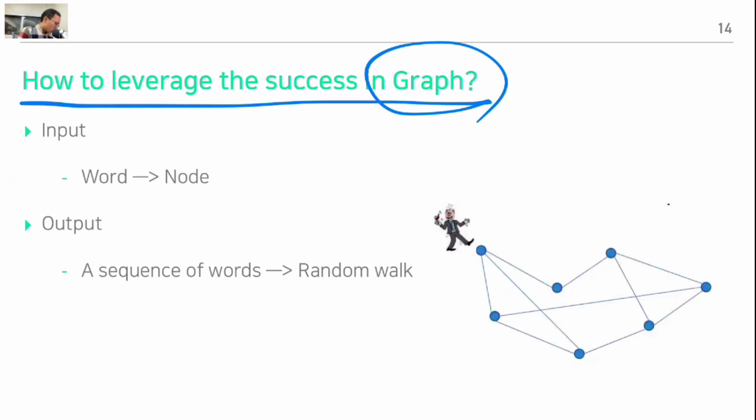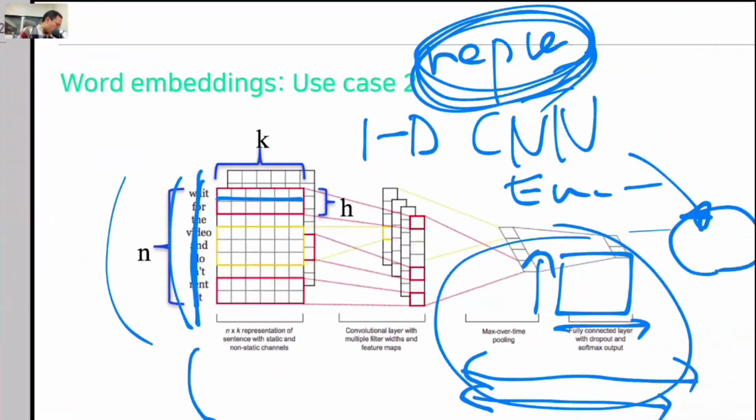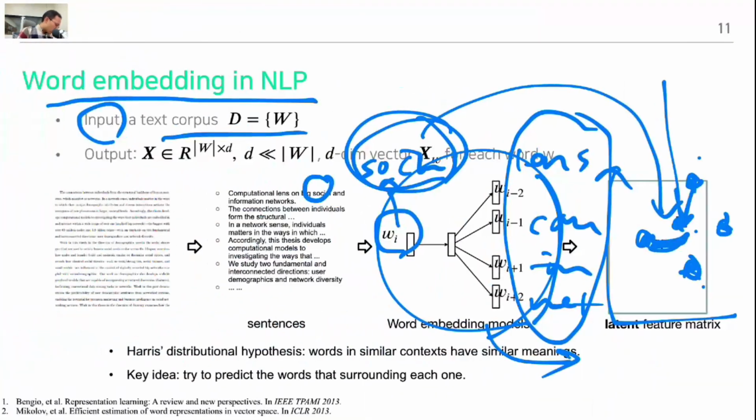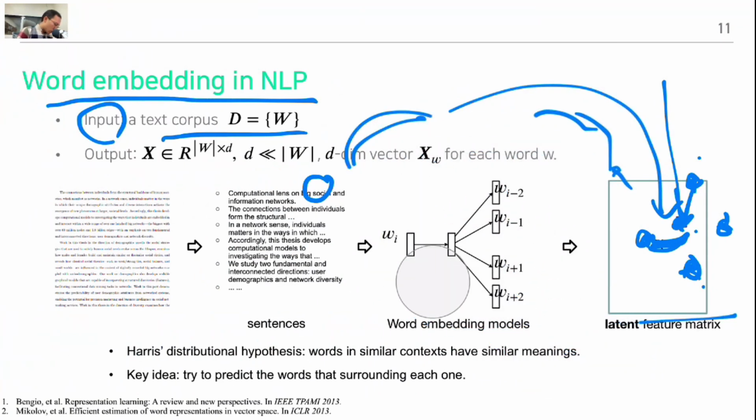So to leverage the success, people started to think differently. So we have the input and output in this word embedding model, which is also called the skip-gram based model.